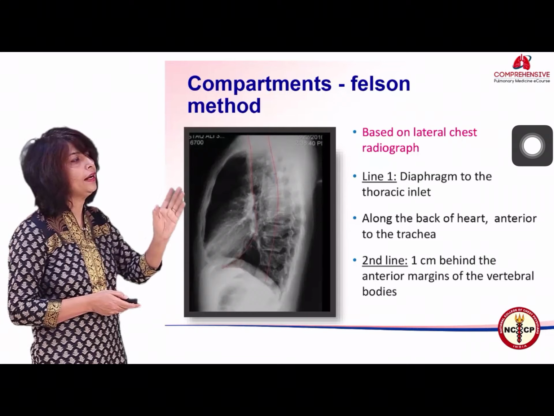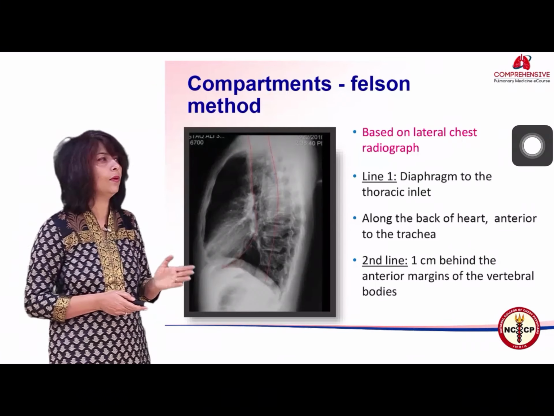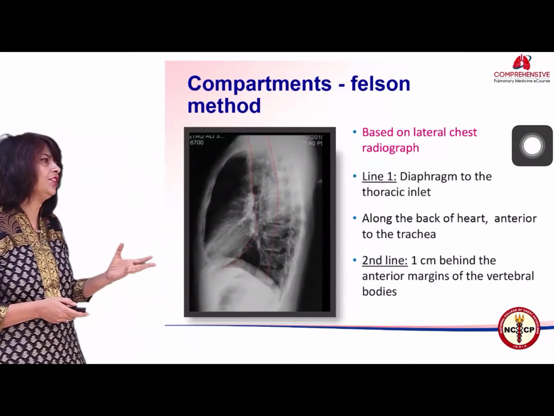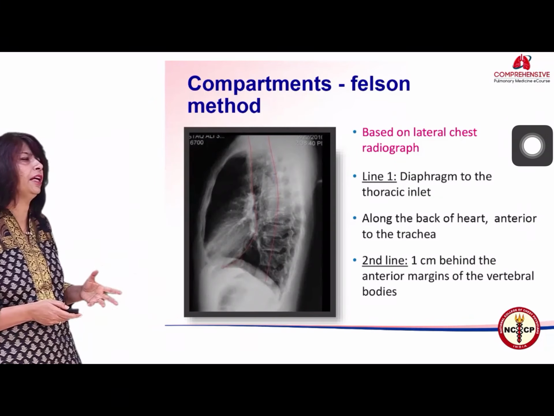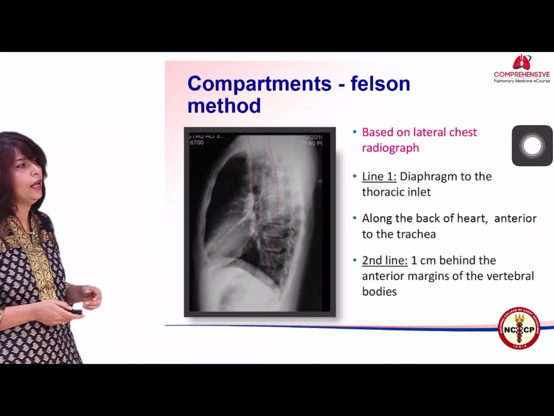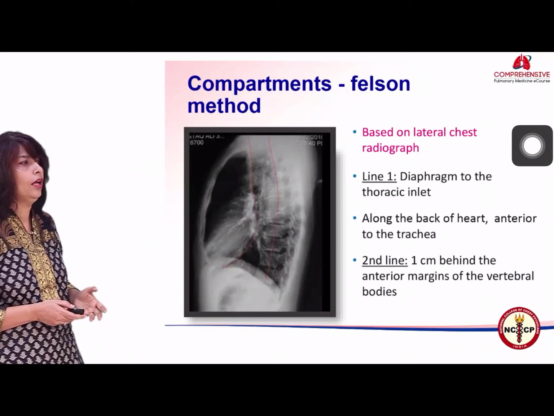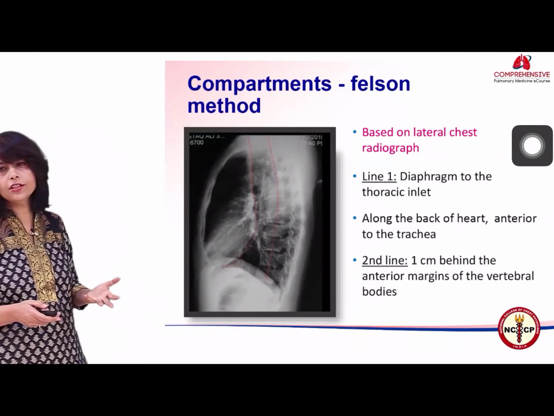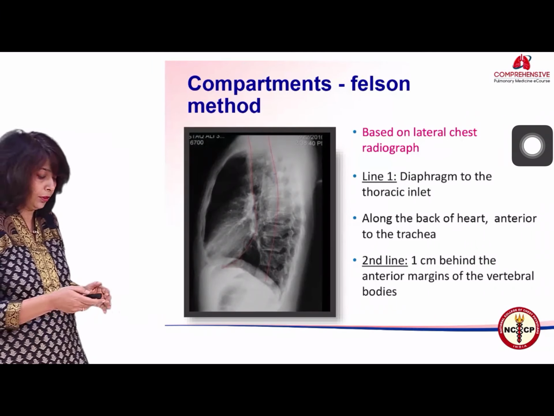And then again anterior, middle and posterior is divided accordingly. Essentially, the difference between the two models is where you place the heart, and in Felson's model, the posterior mediastinum essentially has only paravertebral pathology.